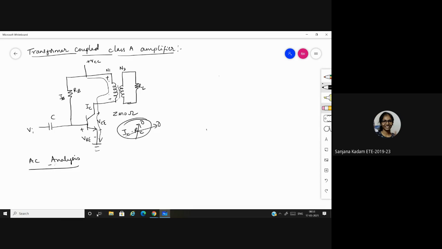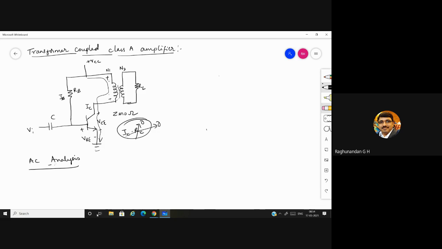Sir, it will have RL. Yes, good. The secondary coil will have some resistance because RL is connected across the secondary.